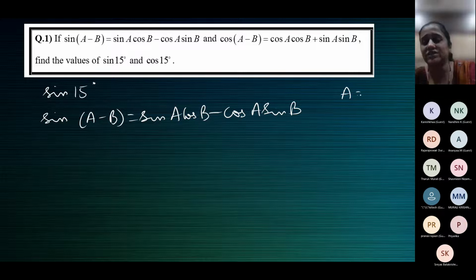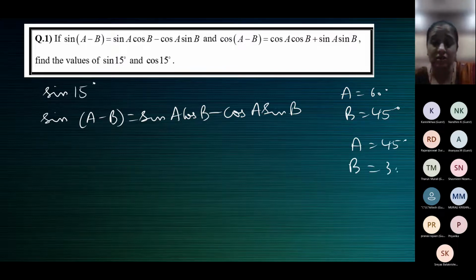So A can be 60 degrees and B 45 degrees, or you can take A as 45 degrees and B as 30 degrees. Standard angles, always. Because 60 minus 45 is 15 degrees, and similarly, 45 minus 30 is also 15 degrees. So you can take any one of the two pairs.